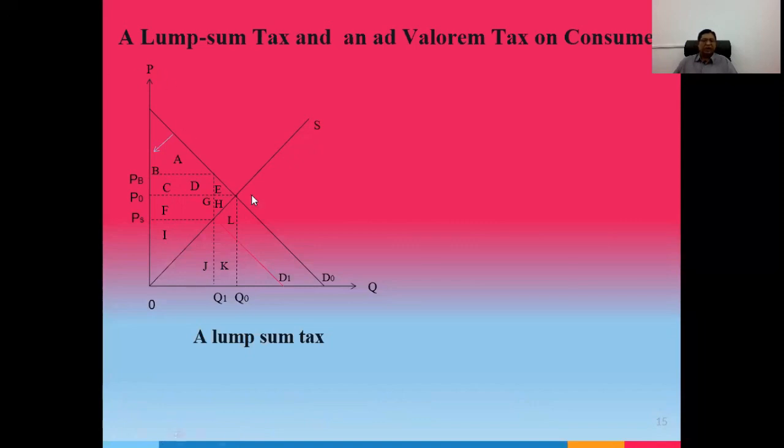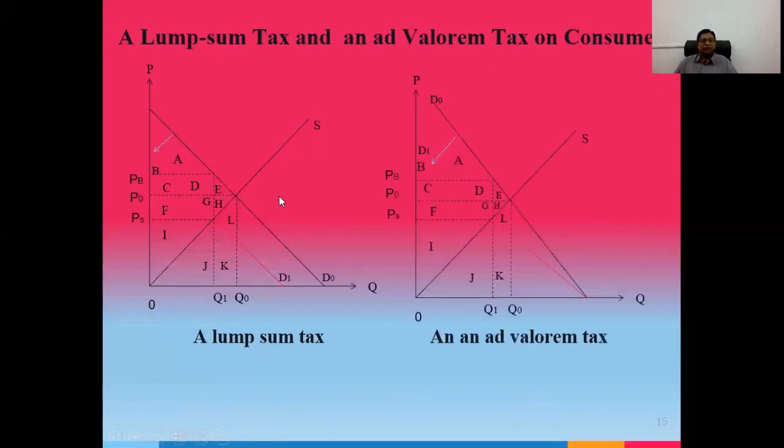As a result, the demand curve shifts downwards parallelly by the amount of the lump sum tax. I would like to first discuss the economic implications of lump sum tax on consumers.